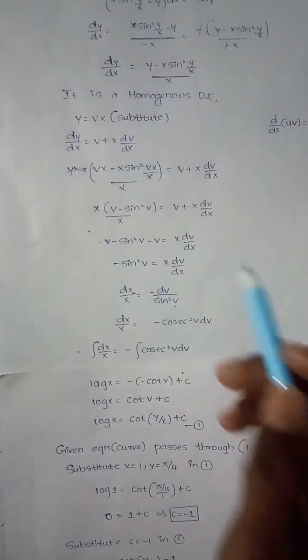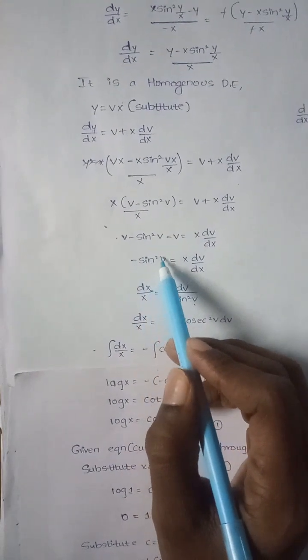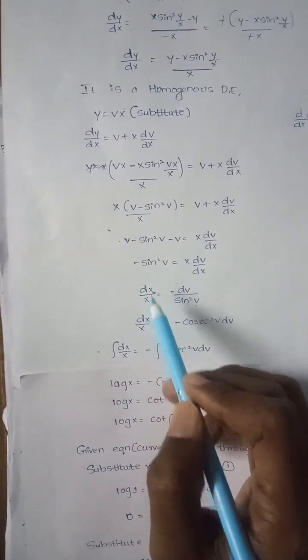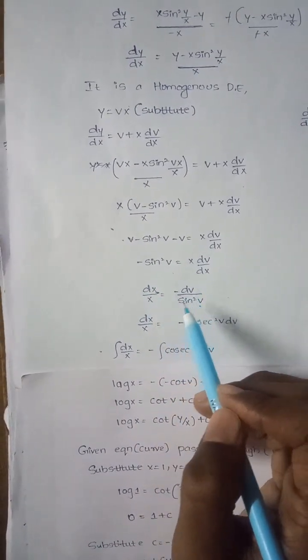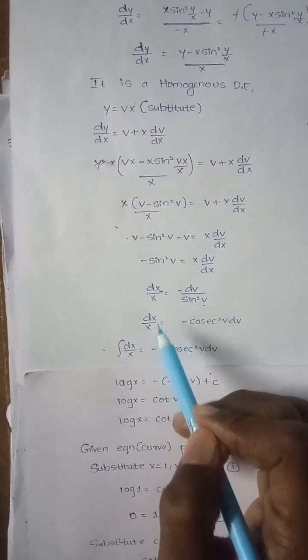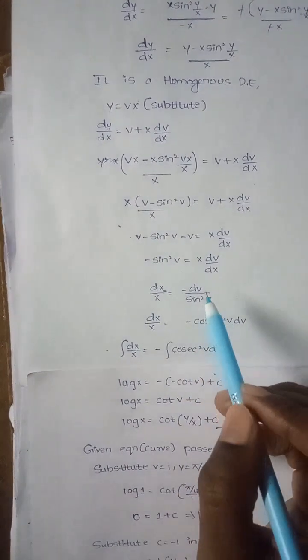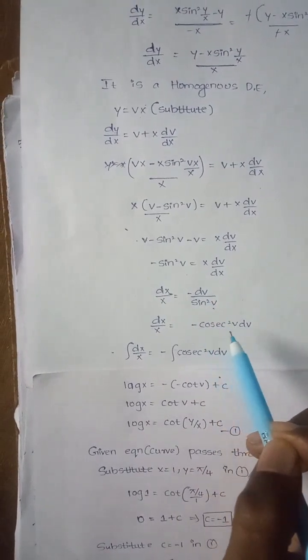Now taking sin square v to the right side and dx to the left side, we get dx by x is equals to minus dv by sin square v. That is dx by x is equals to minus cosec square v dv, since 1 by sin theta is equals to cosec theta.